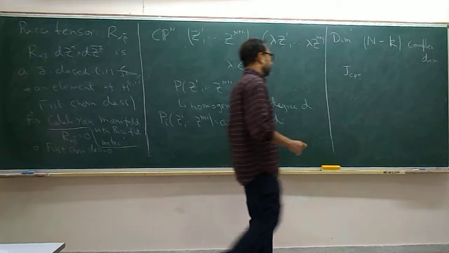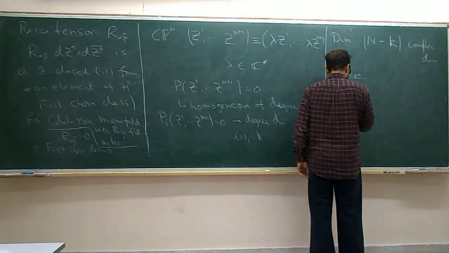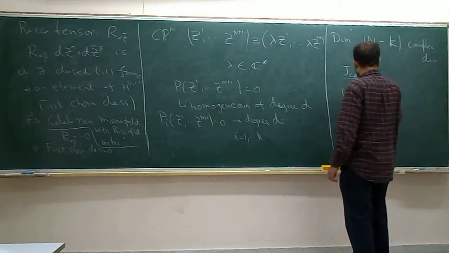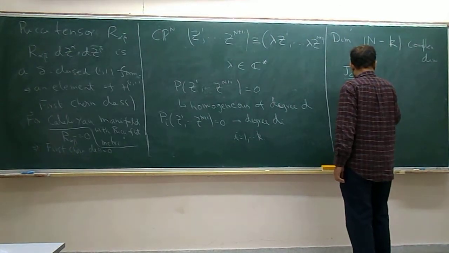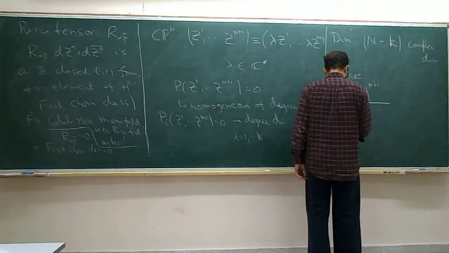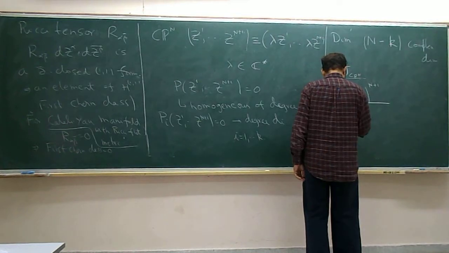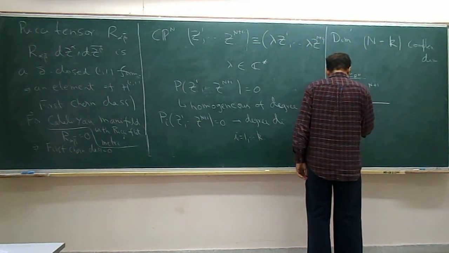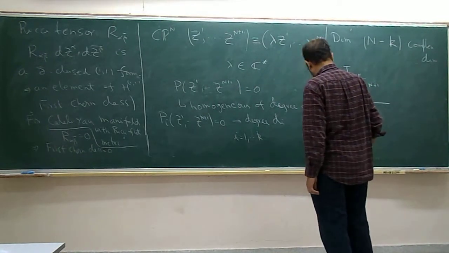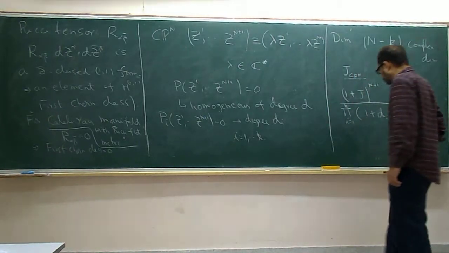To calculate the first Chern class, the Chern class of CPN is (1 plus j) to the power n plus 1. I will explain what you have to calculate: the product over i equal to 1 to k. This is just a formal product, divided by (1 plus d_i j).